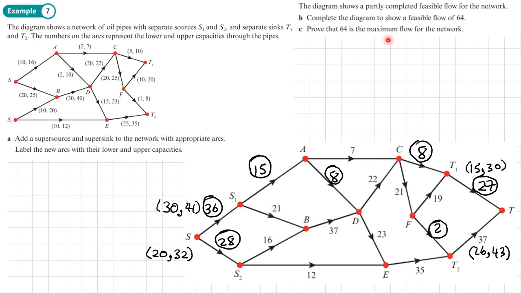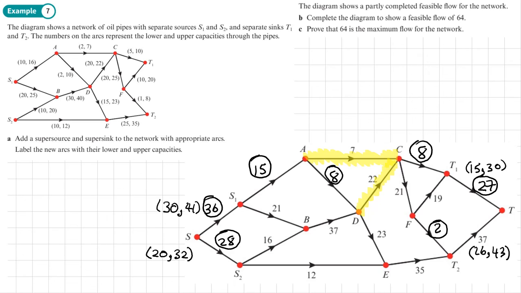Prove that 64 is the maximum flow for the network. So the first thing I'm going to do is to highlight the saturated arcs, so I can see that AC is saturated. So we'll highlight that because I want my cut to pass through those. Right, this arc here, DC, is saturated. It's at its full flow, so we'll mark that in as well.